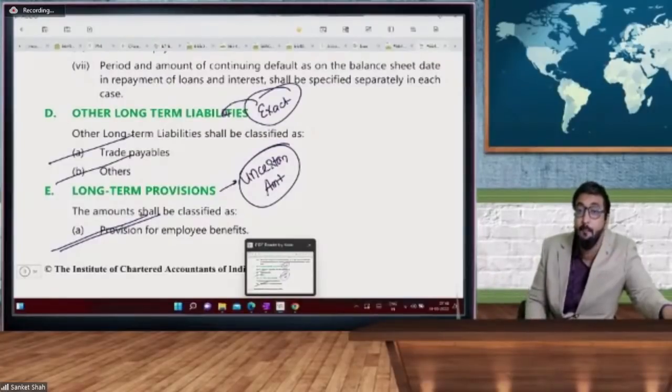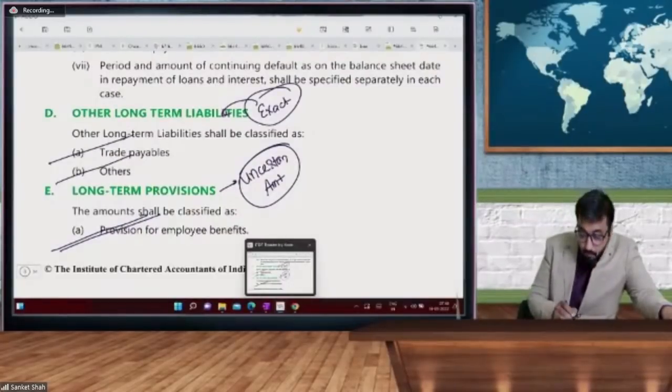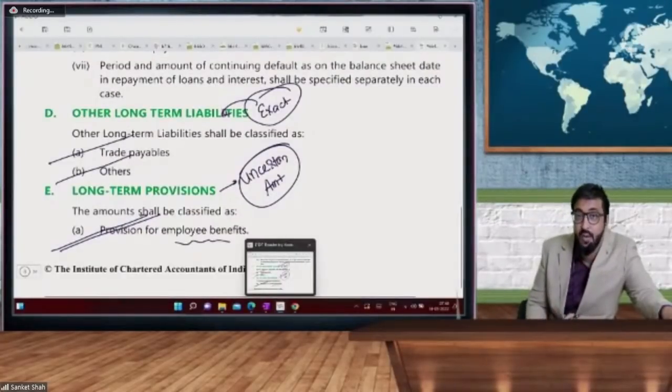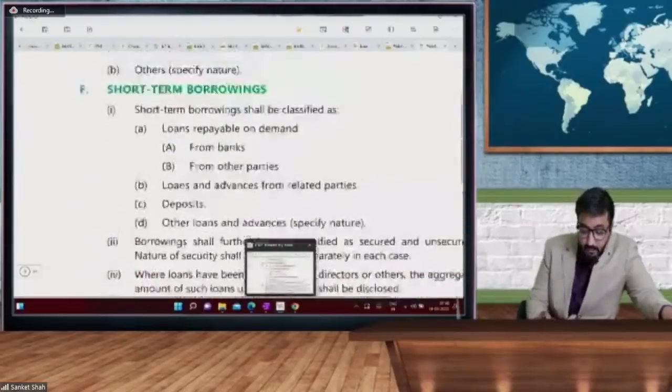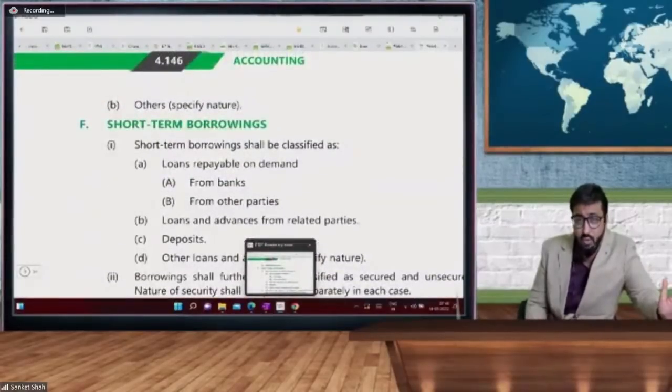But for employee benefits, that means their provident funds. So provision for provident funds, we are not sure when he is going to retire or whether he is going to retire, or if he dies. So whatever amount he is going to receive, that provident fund is an uncertain amount, and therefore employee benefits provision is covered under long-term provisions. Okay, and other provisions. So very easy.